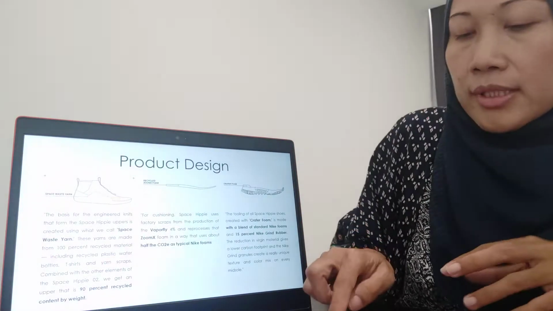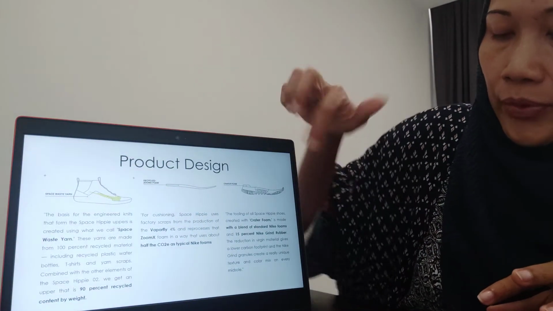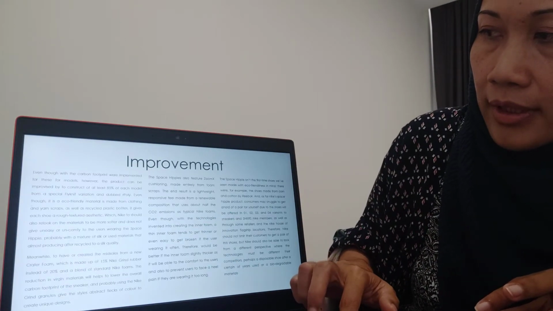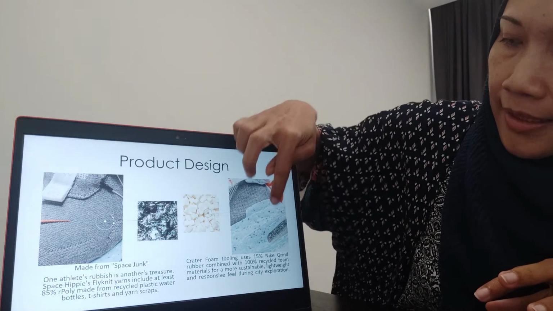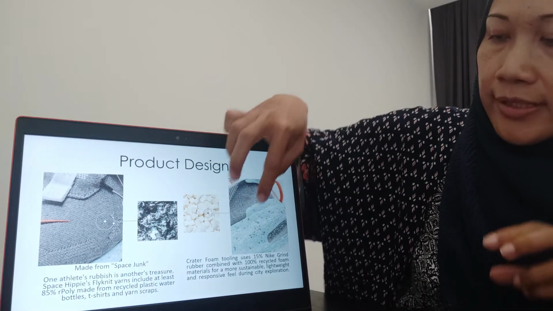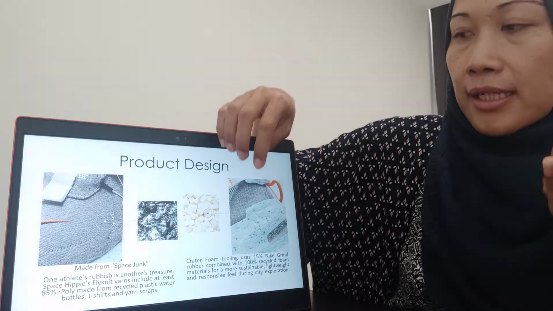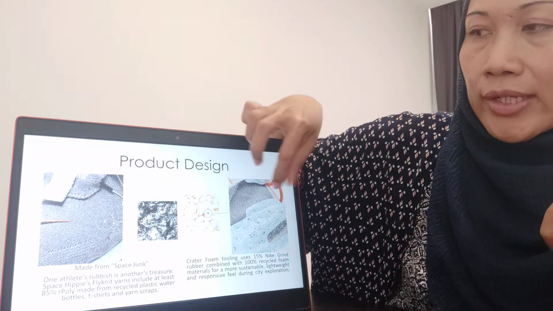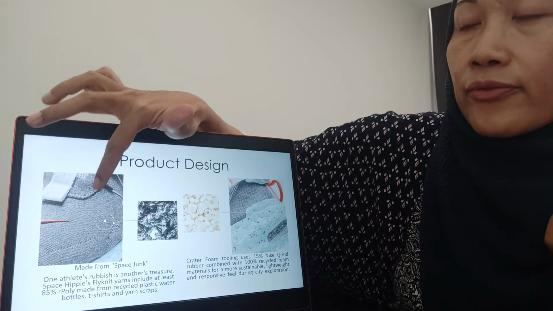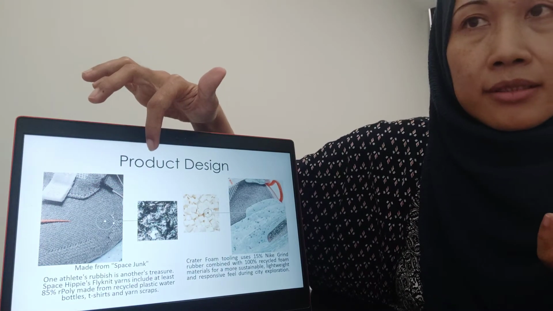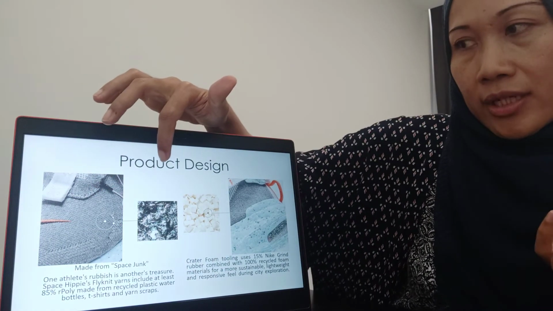So the midsole, the product itself, if you look at this, this is the midsole, which is from the Nike Grind, using all these granules, and these are from the yarn, the space junk.